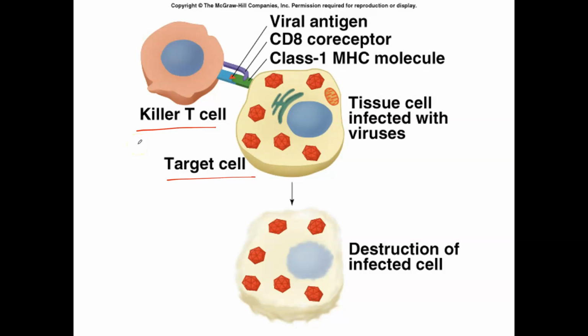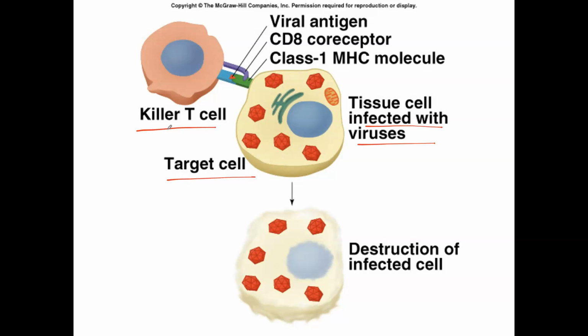So in order for those cells to interact with each other, there have to be specific proteins that can bind to each other so that the cells can actually recognize what type of cell it is and whether that cell is actually infected with a virus. Because we wouldn't want killer T cells going around and destroying body cells that aren't infected by a pathogen.